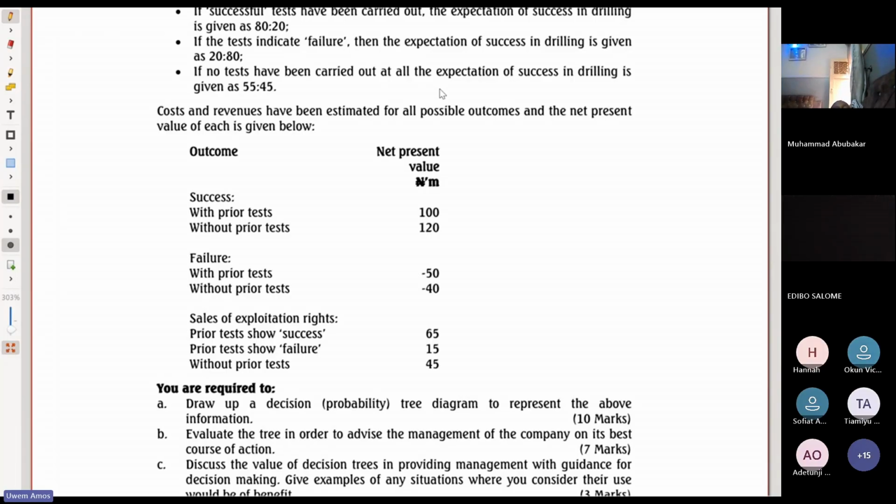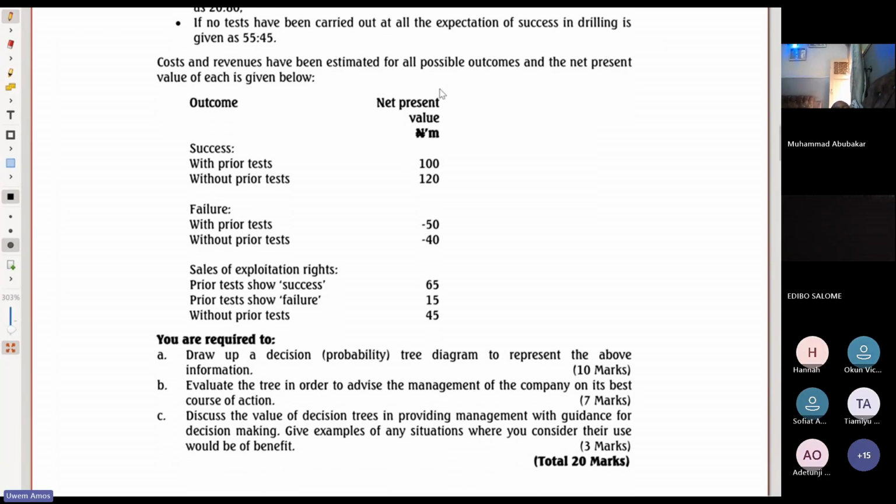C, discuss the value of decision trees in providing management with guidance for decision making. Give examples of any situations where you consider their use would be beneficial. 3 marks. So therein is our question.